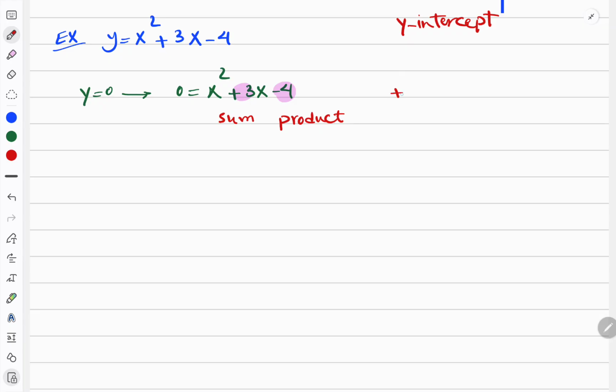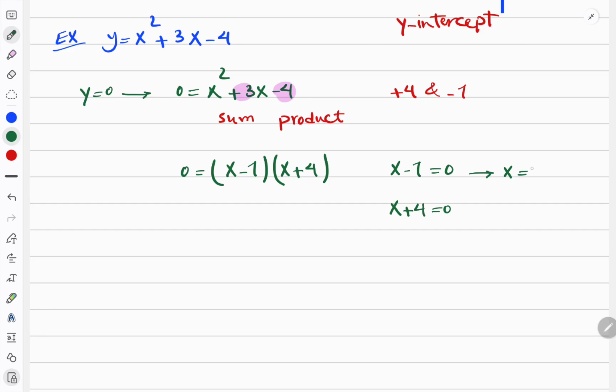So +4 and -1. So 0 equals (x minus 1) times (x plus 4). So I factorize this equation to this form. And according to the null rule, when we have two parentheses multiplied by each other and equal to 0, each of them is 0.